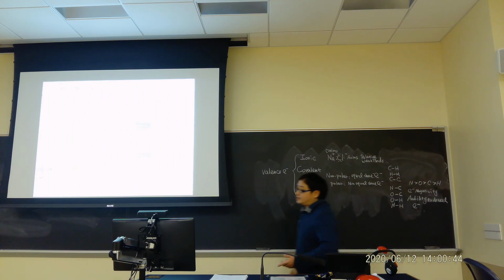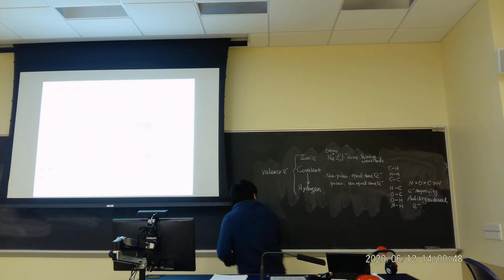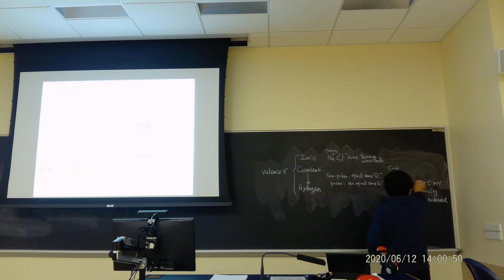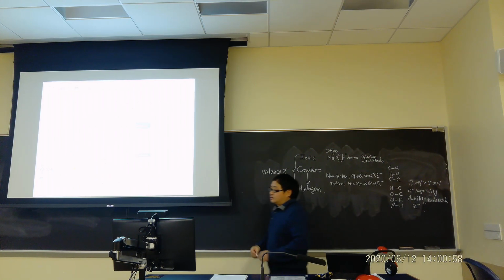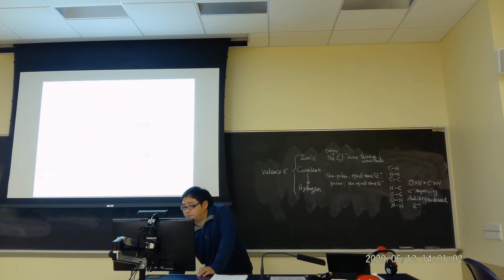So here you can see the values. Oxygen is the first one, higher than nitrogen, higher than carbon and hydrogen. This tells you that for every type of chemical, the relative electronegativity is different.